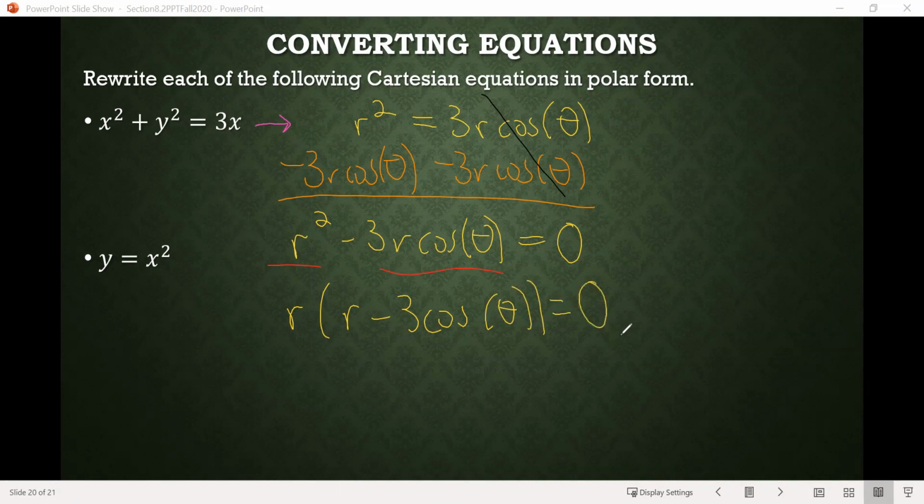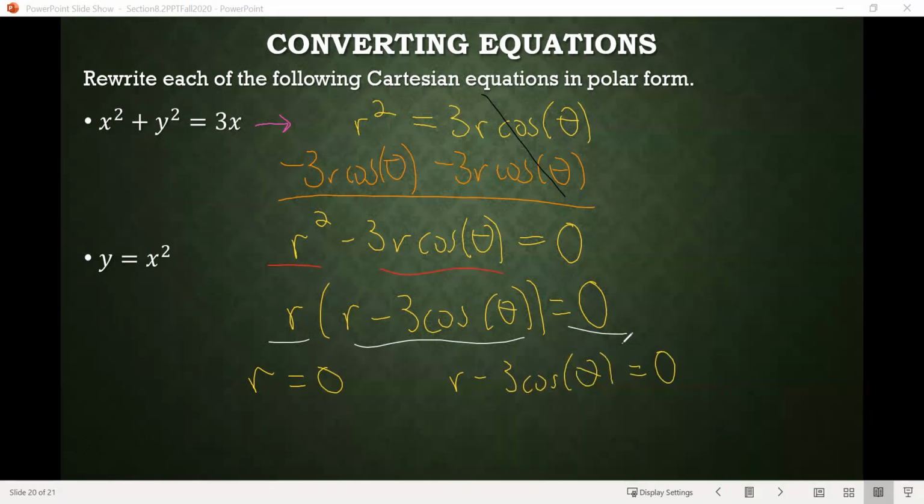equals 0. And we have two terms now being multiplied to equal 0. So we know we can solve this by setting each piece equal to 0. So we can do r equals 0 and r minus 3 cosine theta equals 0. And then on the right-hand side one, we can solve for r by adding 3 cosine theta to both sides.